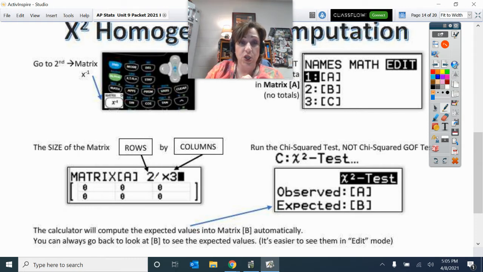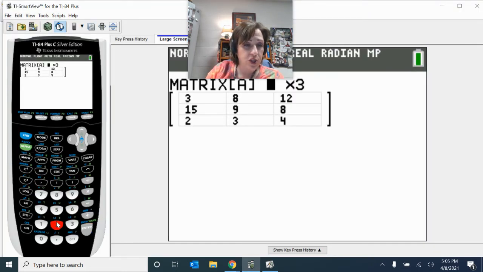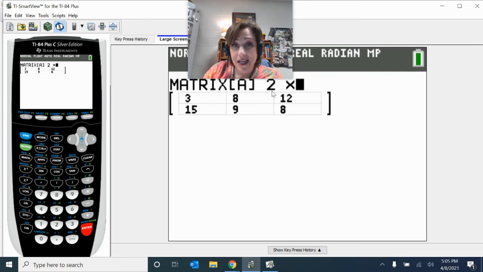But we do need to make it the correct size. The one that we're going to do is 2 rows and 3 columns. So I'm going to do 2x3 instead of what I used to have in there, which was 3x3. So I'm going to do a 2x3 matrix. See, now it's the correct size. A lot of times I can never remember which comes first. Is it 3x2 or is it 2x3?